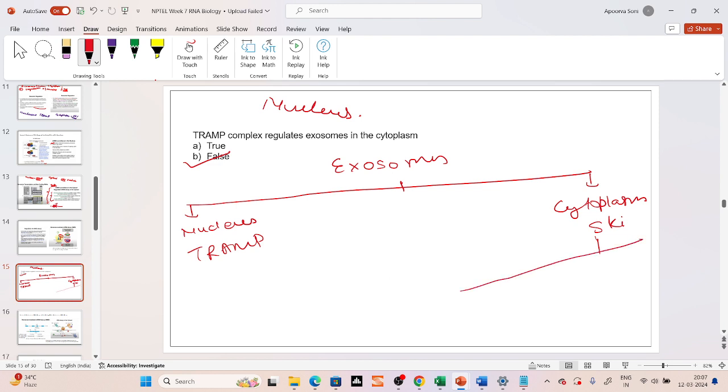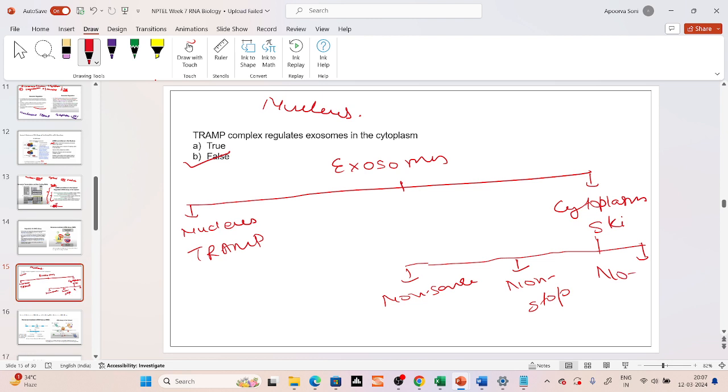I'm sorry, my handwriting is not good. In the cytoplasm you have nonsense-mediated decay, non-stop-mediated decay, and no-go-mediated decay, in which we have studied TRAMP and nonsense-mediated decay.